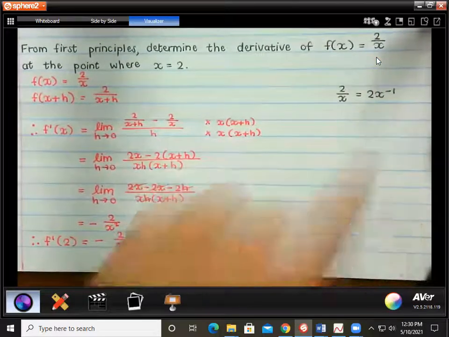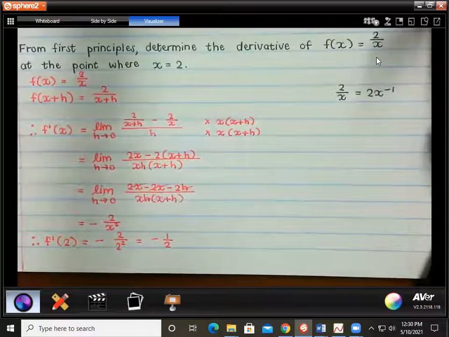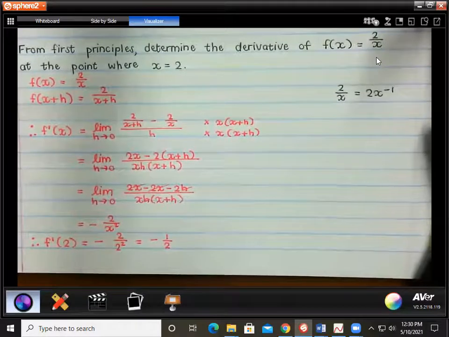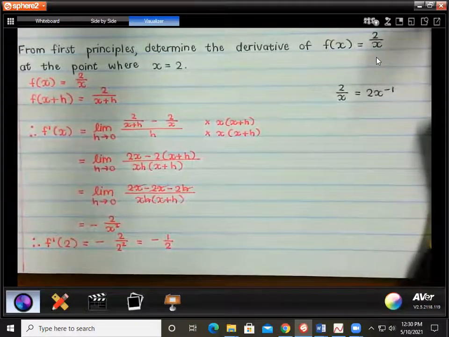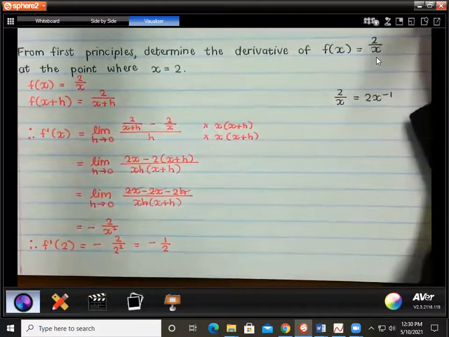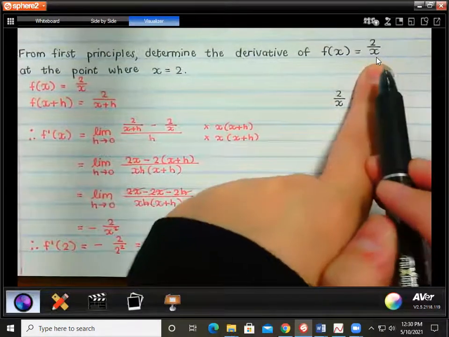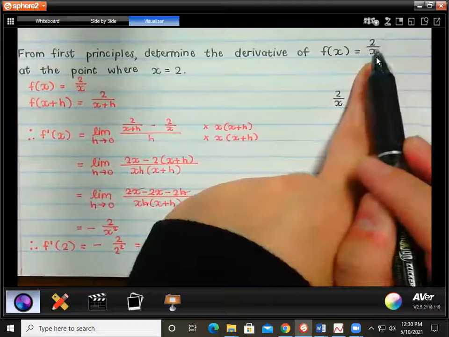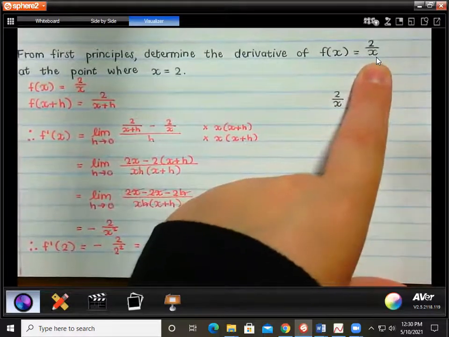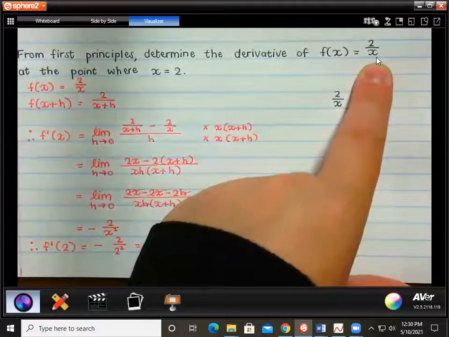Guys, what you need to remember though is that it's not that you're not allowed to use those rules, it's just that the questions will be set up so that they're simple enough that you don't have to use them. So if you're looking at this, for example, 2 over x, I don't want you to think, okay, we've done AP and we have a quotient rule in AP, so I'm going to use the quotient rule instead.